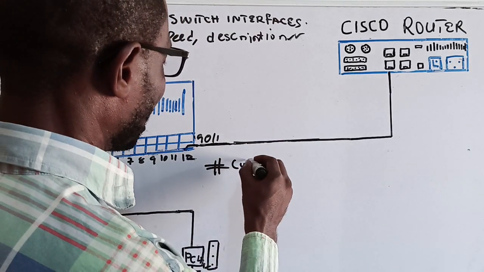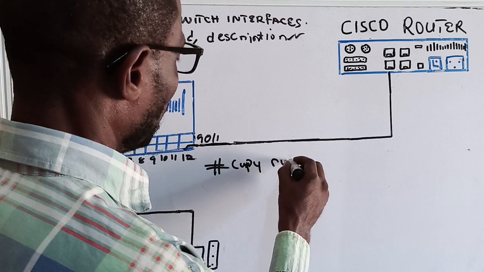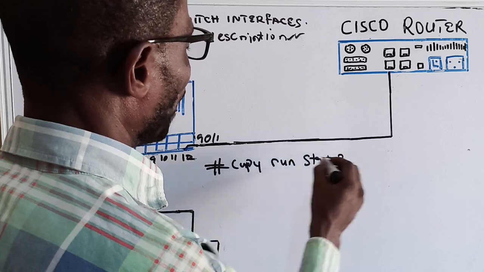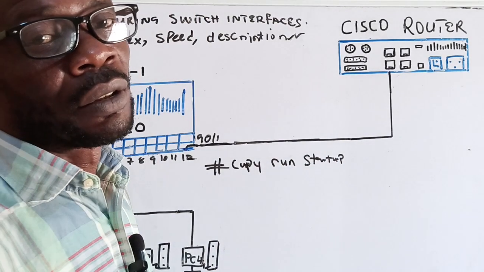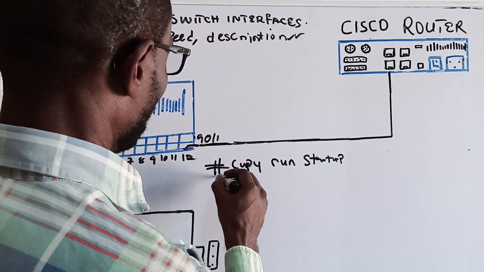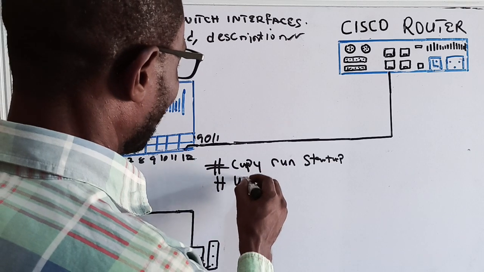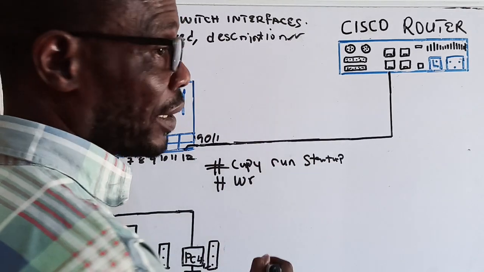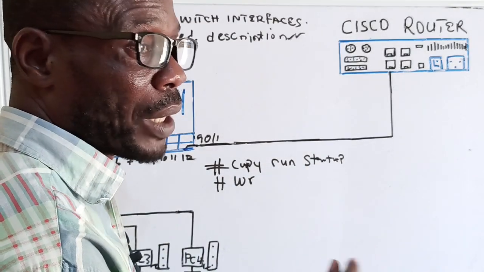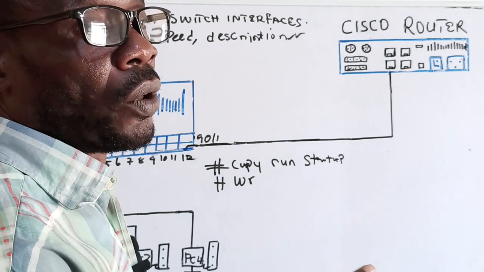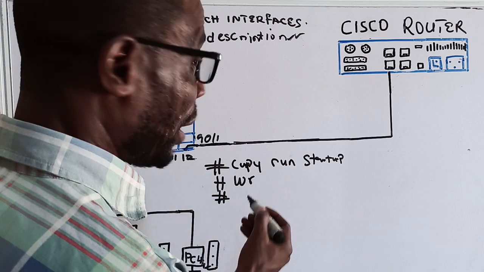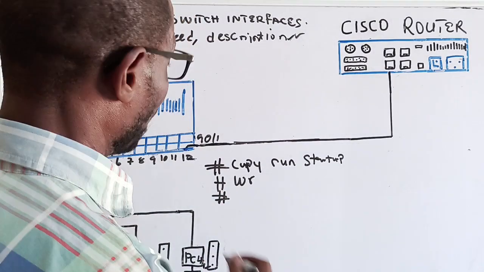You do copy run start, copy for short, run start. This start is the startup configuration, where you save that information permanently. Or you do write, which is still the same, saving to the startup configuration. That's in the non-volatile RAM, which is where the information is saved permanently.